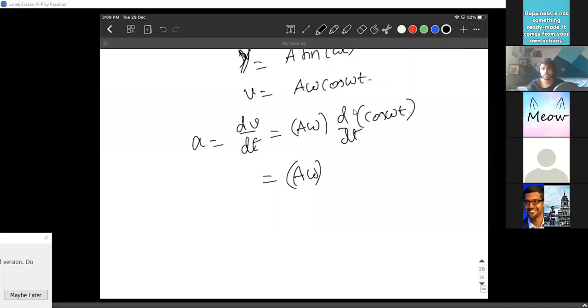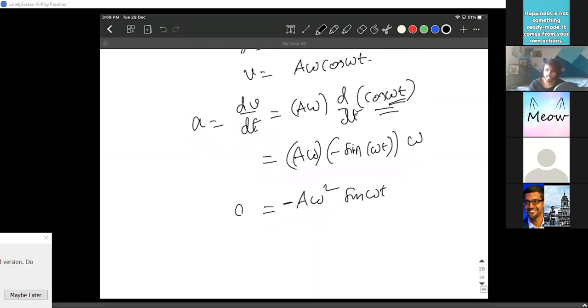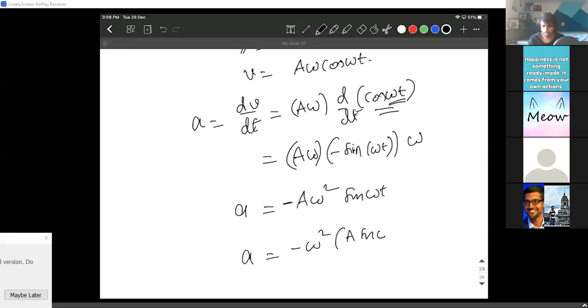Differentiation of cos is minus sine, so minus sine omega t. And differentiating the inside function gives another additional omega. So a omega square, the minus is here, sine omega t. Ready to be surprised? Minus omega square a sine omega t.